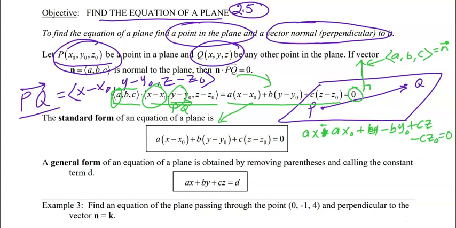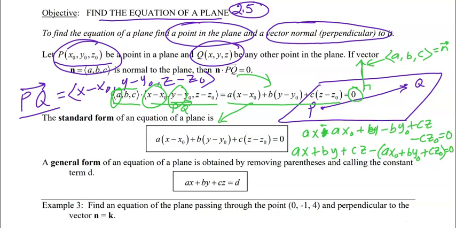So if I put this together, I can write Ax plus By plus Cz minus (Ax0 plus By0 plus Cz0), pulling out all the negatives, should be equal to 0.